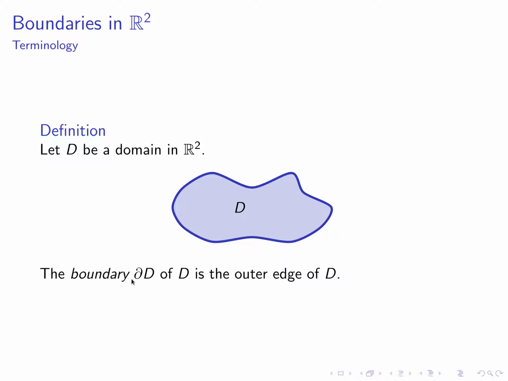What this refers to is the outer edge of the domain. In this picture, we're looking at a two-dimensional domain, and the boundary refers to the outer edge of this domain. So while the domain itself is two-dimensional, the boundary is a one-dimensional curve.